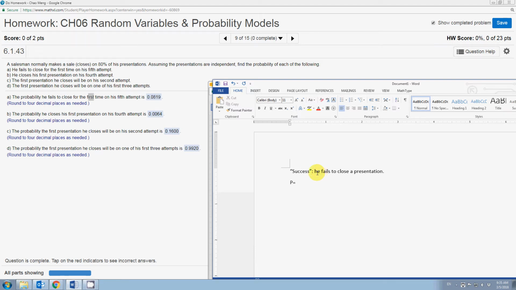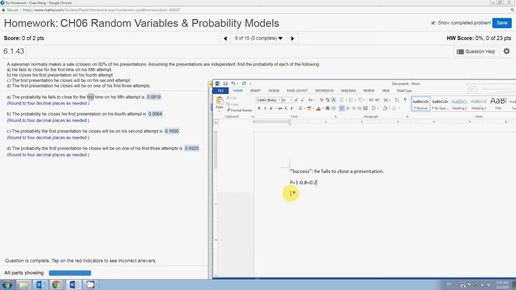What's the probability that the person fails to close the deal? If we go back to the question, it says he can close the deal on 80% of his presentations. In other words, the other 20% he fails to close. So that's 1 minus 80%, which is 0.2. So P is 0.2.